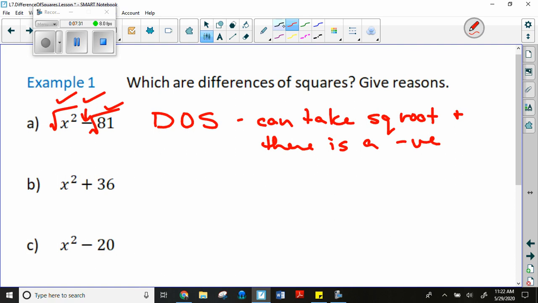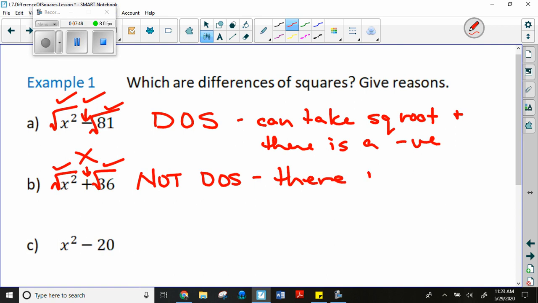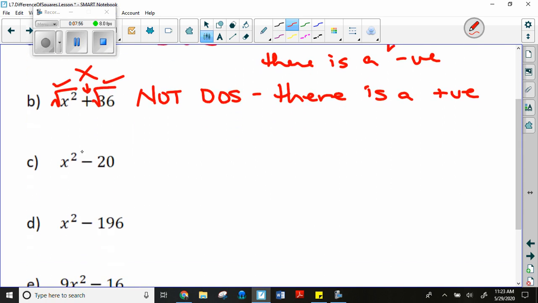Okay, next question. I can take a square root. There's a positive. Nope. I can take a square root. This is what's stopping us. Not a difference of squares. There is a positive. Okay, I can take the square root.